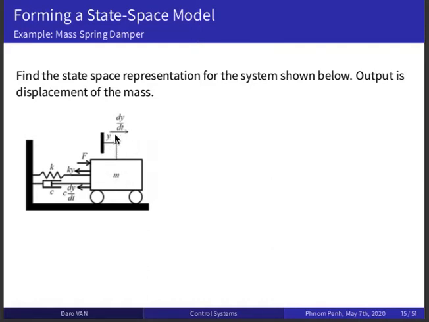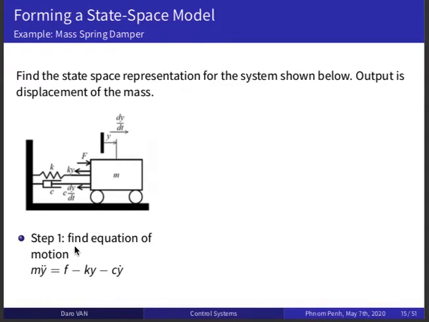So dy/dt is the velocity, and you have an input force F pointing in this direction. This mass is attached to the wall by the spring and the damper. So c dy/dt is the force created by the damper in the opposite direction, and this is the force created by the spring, ky.